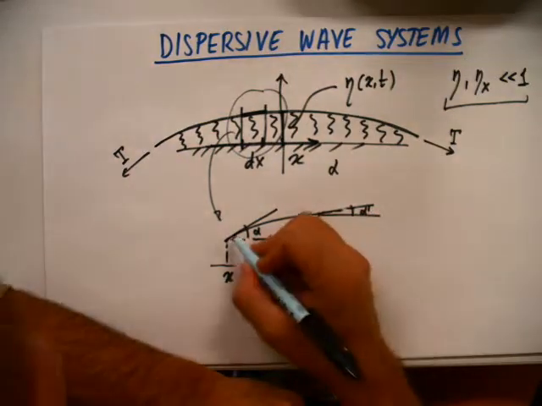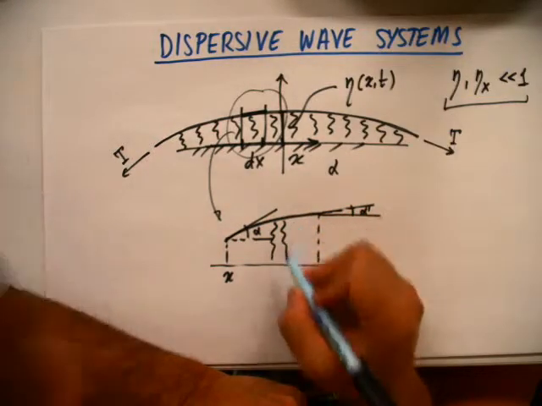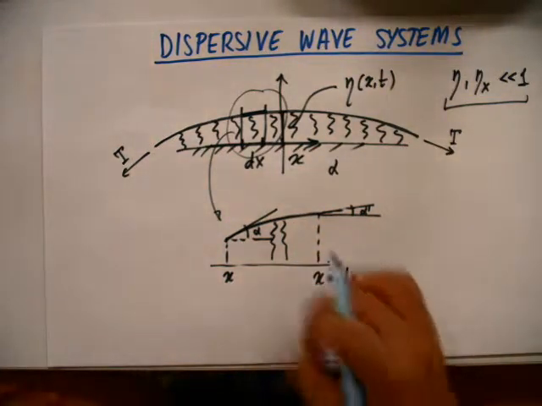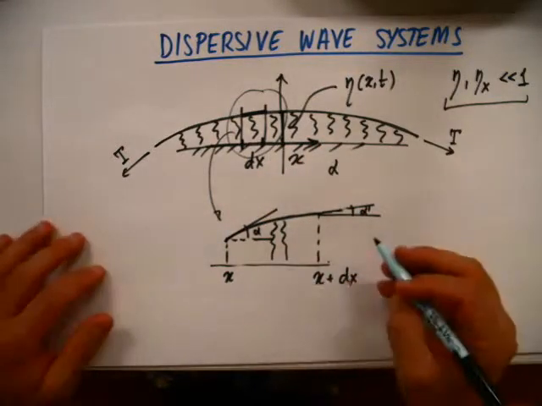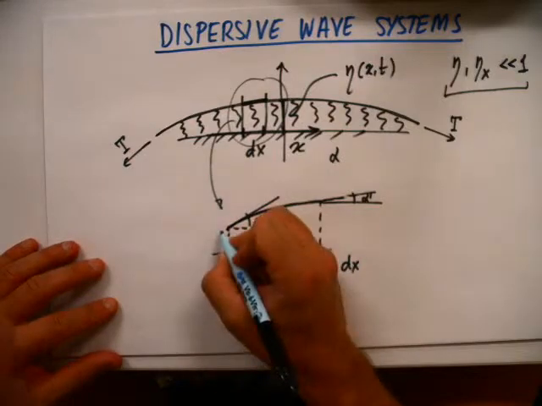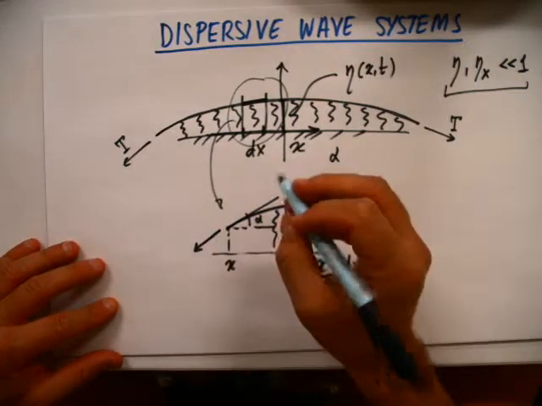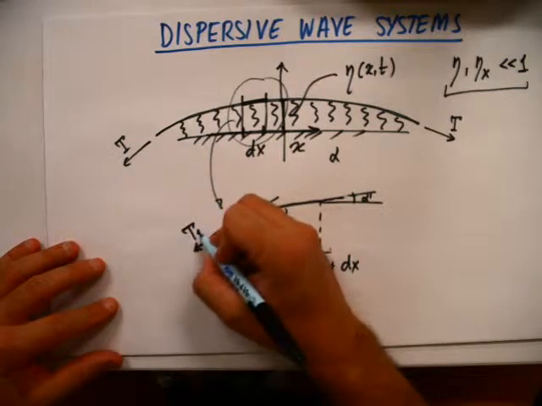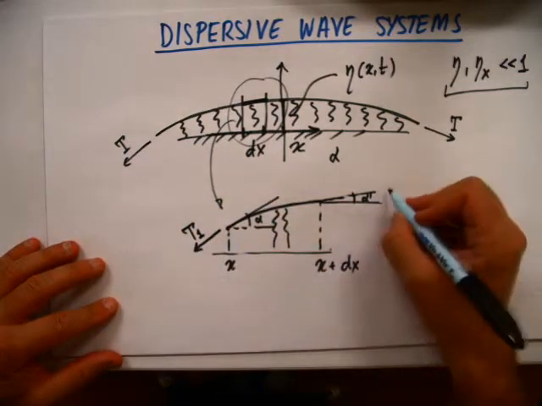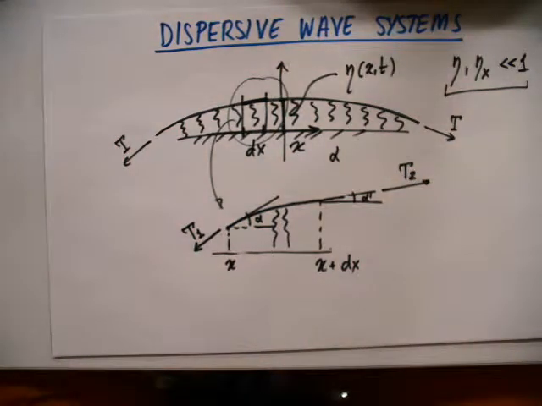Okay, and then here we also have the effect of the springs, which are now extended. And of course, in general we're going to assume that the tension at x is going to be different than the one at the other extremity.